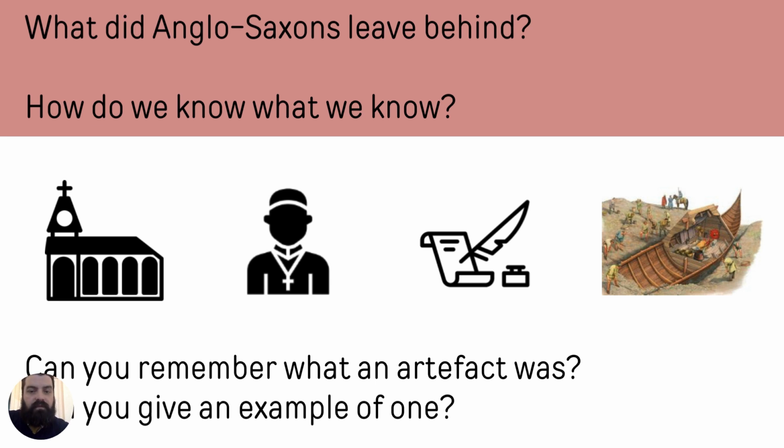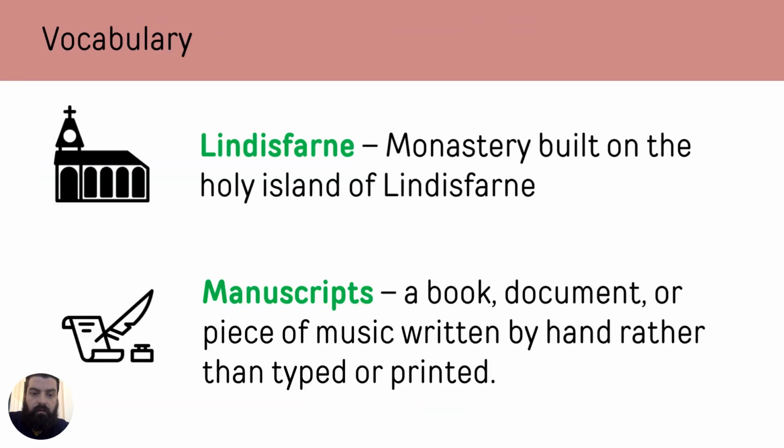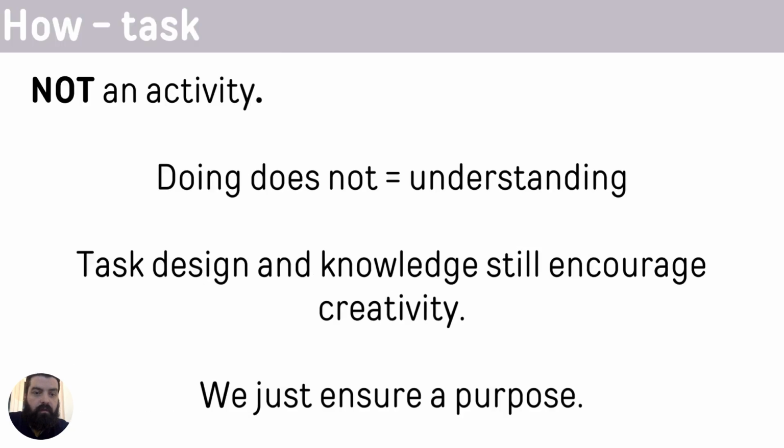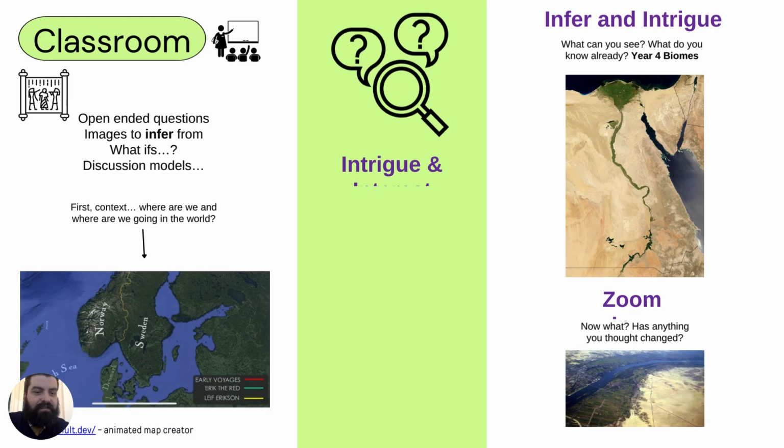They'd already covered Sutton Hoo, manuscripts, monks and the importance of monks in writing things like the Anglo-Saxon Chronicle and what that taught us, as well as the relics that they protected in the monasteries. The idea was to get the children to think about, if we find manuscripts in the Anglo-Saxon Chronicle, which is one historical text, how does that work with the artifacts that we find, like Sutton Hoo and so on? So that is very much a whistle-stop tour of task design in primary history.